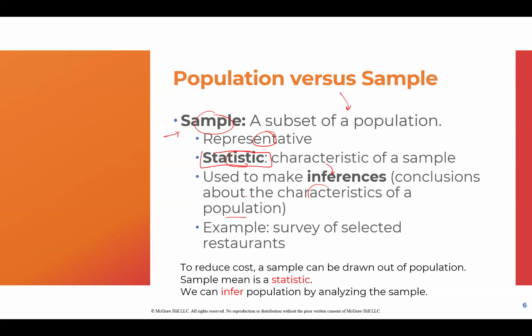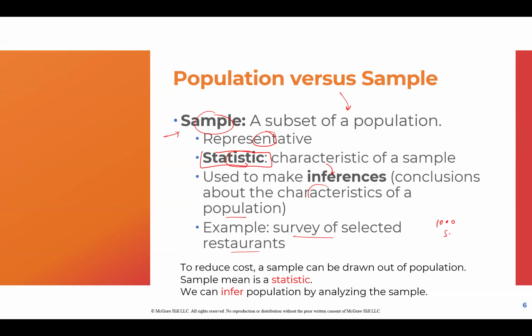Will you accept that as acceptable within the limits? That way you also have inference, conclusions about the population. For example, you do a survey of restaurants. Instead of going for the entire country, you probably select only 1,000 restaurants.